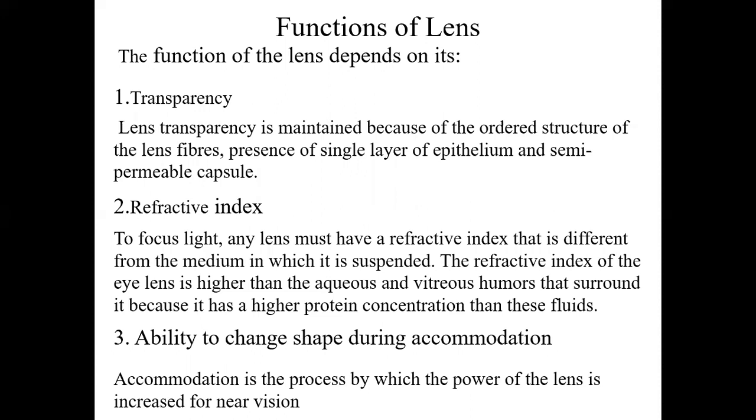And when it relaxes, when the zonules relax and it changes shape into the relaxed form, the refractive power of the lens decreases, and the light is less refracted, and rays converge farther away from the lens itself, at the retina, at the macula. That helps a person to see clearly at a distance.